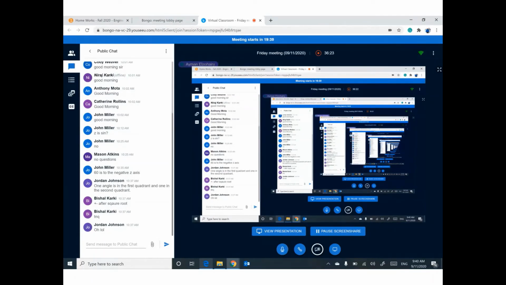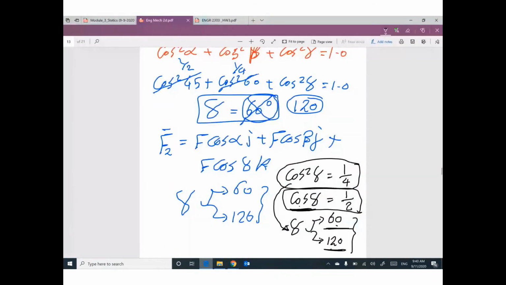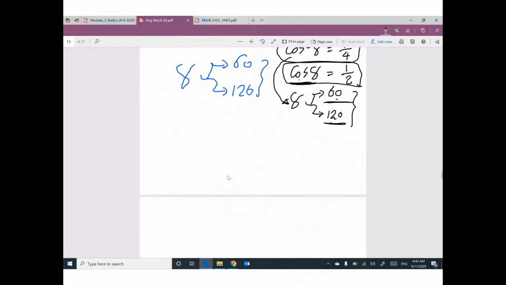Thank you. Guys, mathematically, if you have a number square equal 4, and you would like to get this value, so you have to make square root. A square root of 4 must be positive or minus 2.